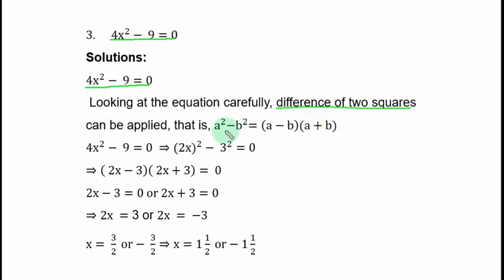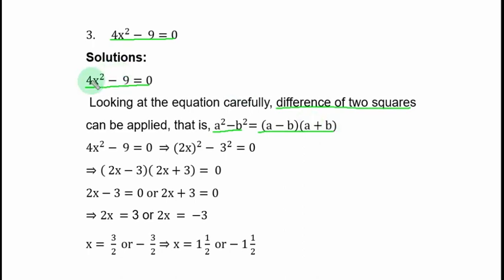An expression of the form a squared minus b squared is referred to as difference of two squares, and when factorized you write the two terms in two brackets and separate them with minus, plus or plus, minus.